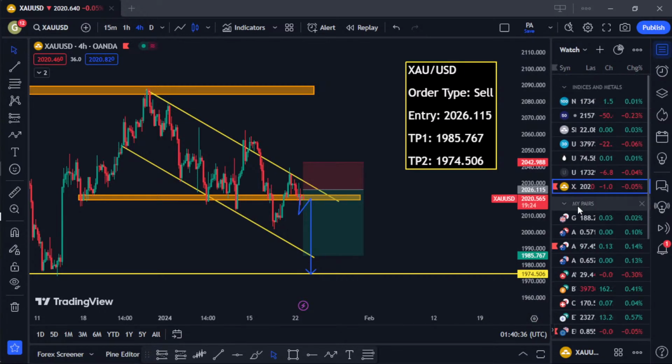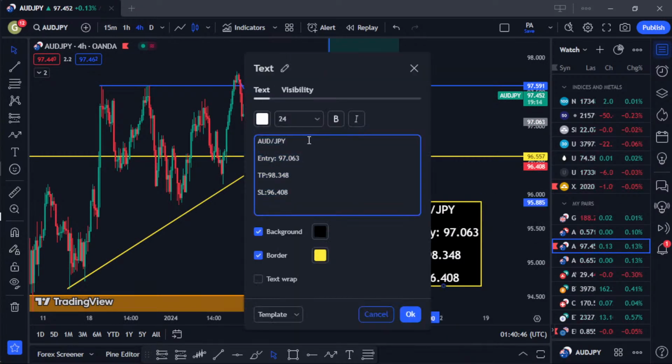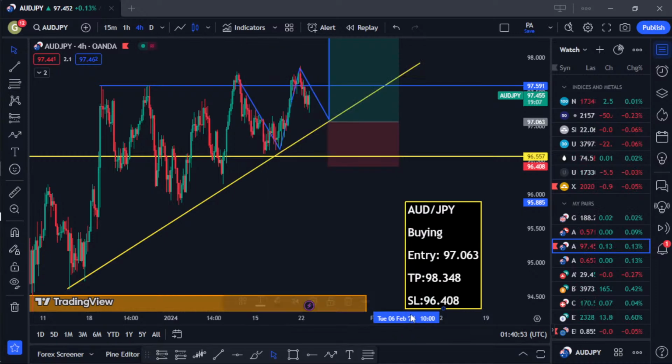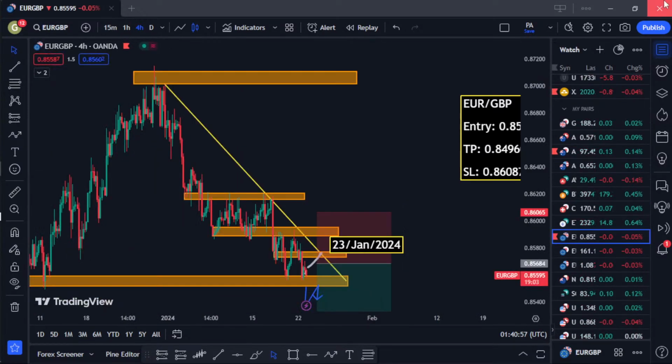So now, if you are new here, let me just rush through some of the parts you already missed. So let me just update AUDJPY. We are buying. And then EURGBP.